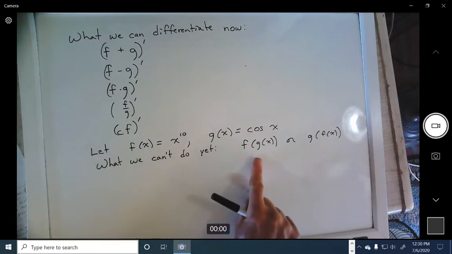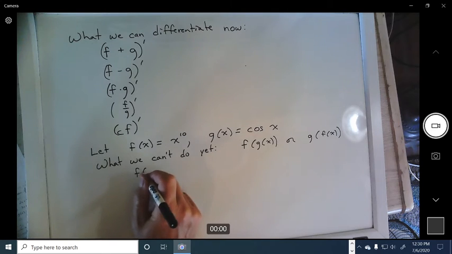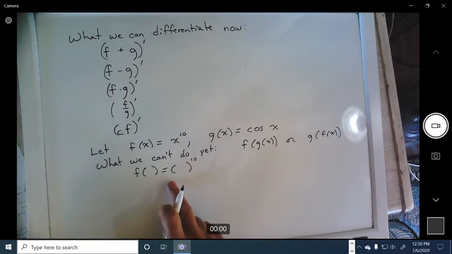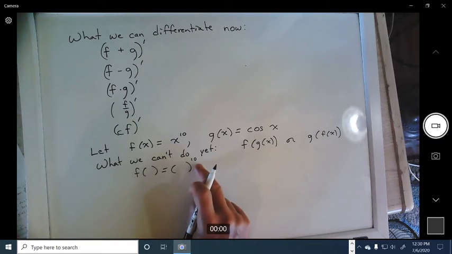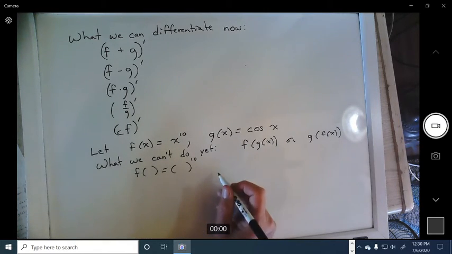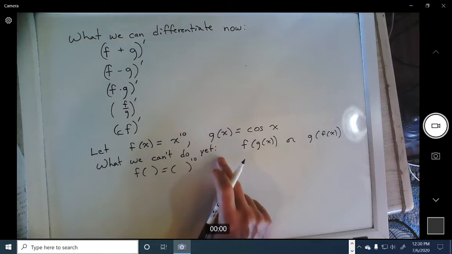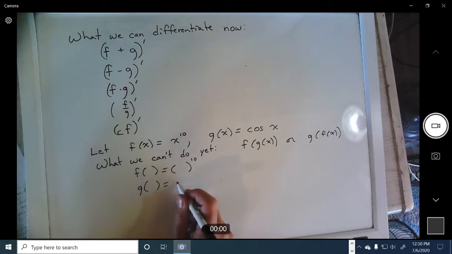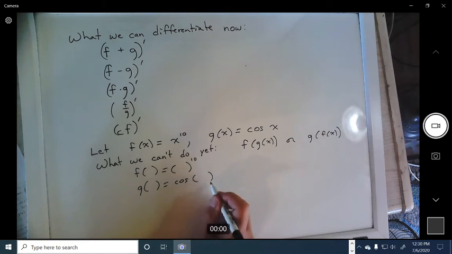All right, for this one, what this is really saying is f of anything is that thing to the 10th power. And g of anything, well, let me write it underneath there. G of anything is the cosine of that thing.